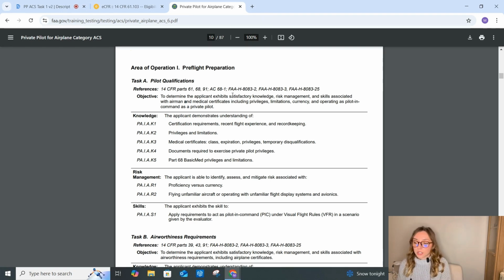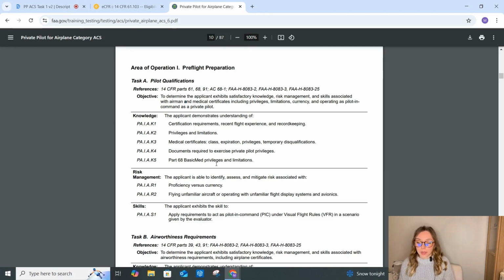So this is good because you might find, at least from what I've heard, that there are questions that your DPE will ask you that you might not know the answer to off the top of your head, but apparently that's okay if you know where to look. So my little example that comes to mind is for basic med.